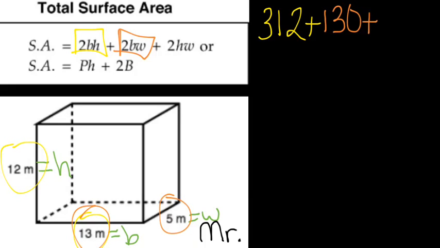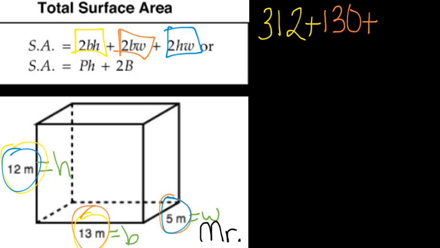And then plus 2 times height times width, and you see there's a combination. We use 2 colors on the H, the yellow and blue, 2 colors on the base, which are orange and yellow, and 2 colors on the width, which are blue and orange. So you see that combination that happens, so I know I'm using them correctly.